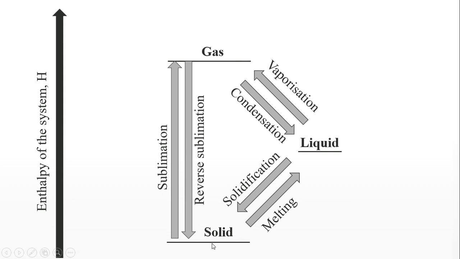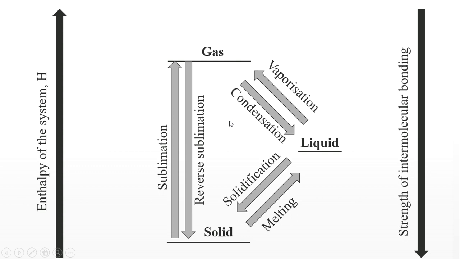Going from liquid to solid will then correspond to a decrease in enthalpy because we're going down in that direction. Going from solid to liquid, we need to add enthalpy and add energy into the system. So we can read it like this, related to this arrow here. Therefore, we know that sublimation results in an increased enthalpy.